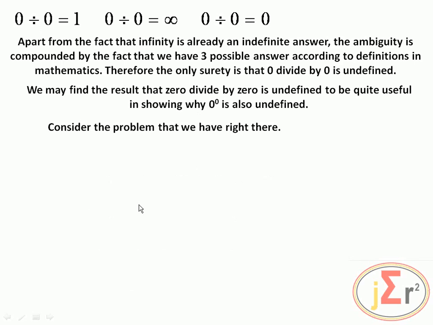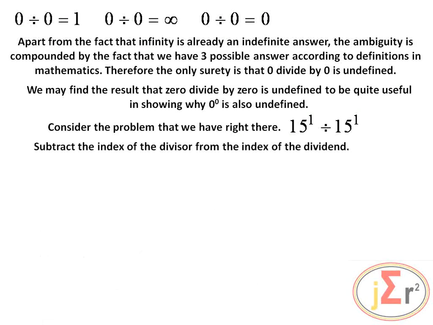So consider the problem that we have right there, which is 15 to the power of 1 divided by 15 to the power of 1. We are dividing. So when we divide, we subtract the index of the divisor from the index of the dividend.